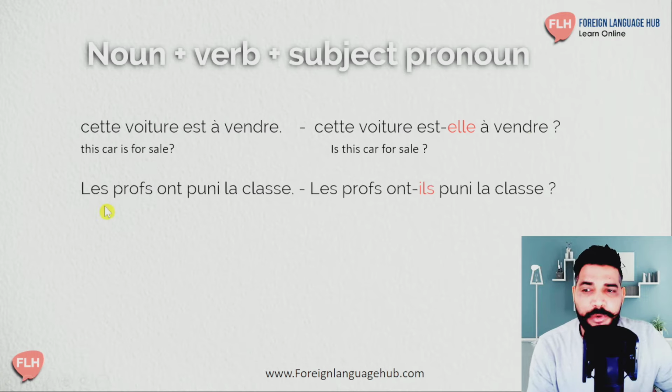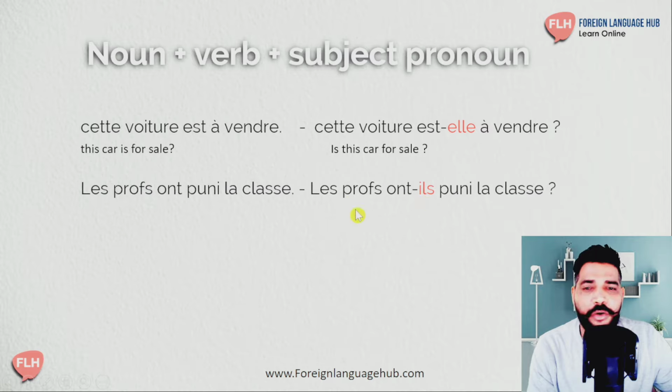Let's take another example. Les profs ont puni la classe. The professors punished the class. Now in this case we will not move the noun, it will stay in its place, and we are putting an extra pronoun. Why?